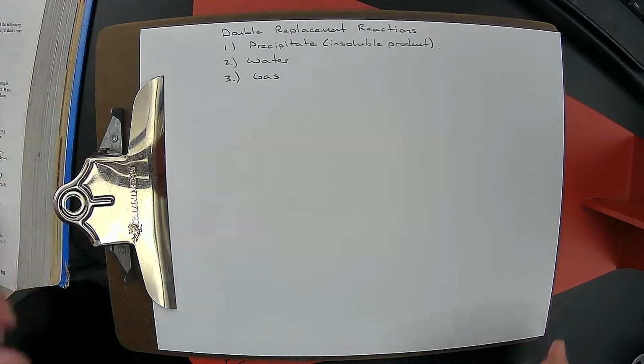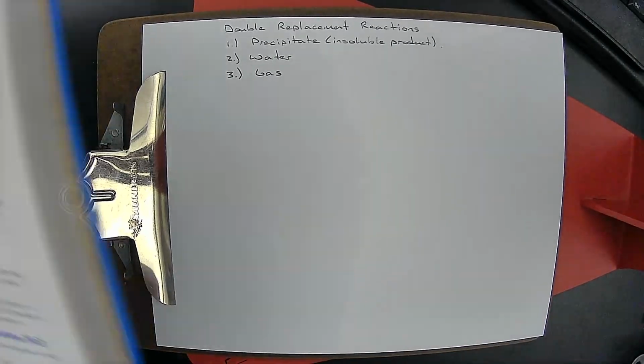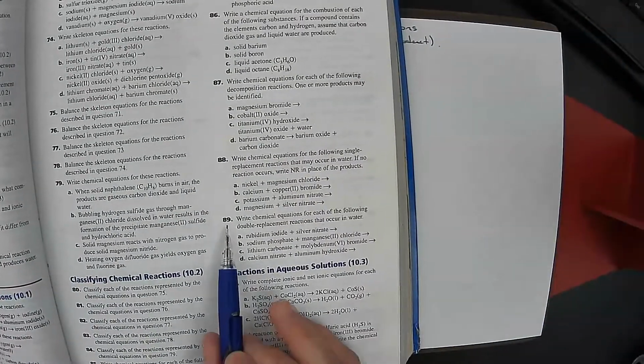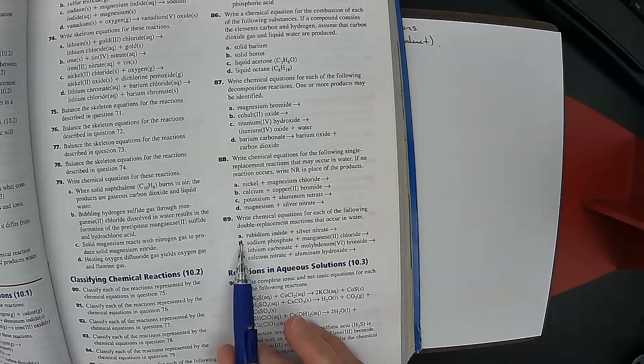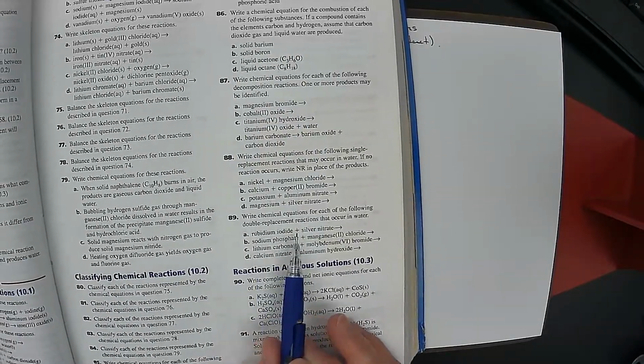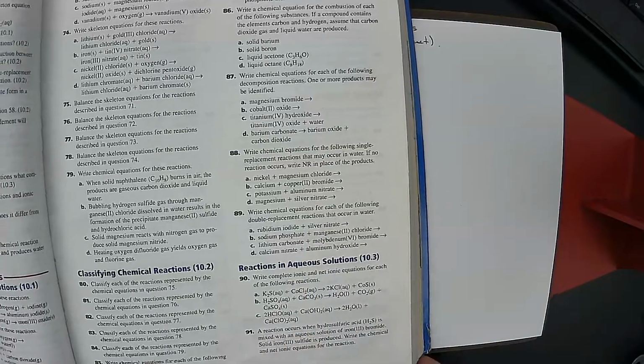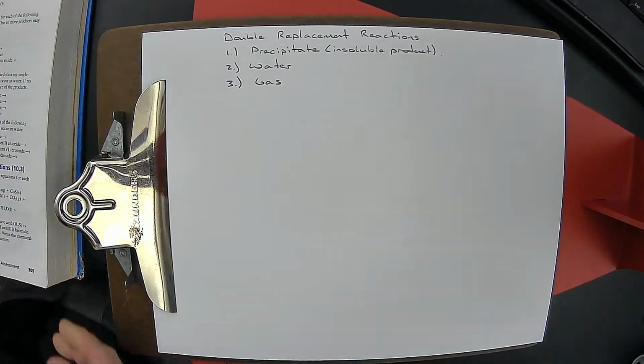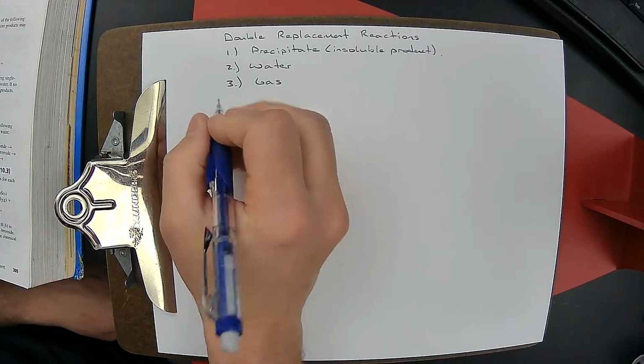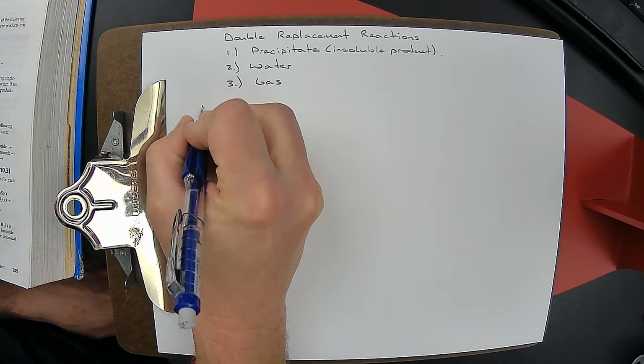So what I'd like to do is first do an example. Question number 89, question A from the book, page 305: rubidium iodide reacting with silver nitrate.